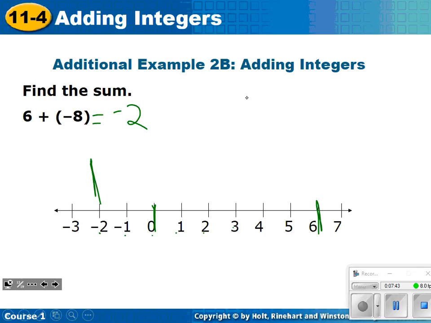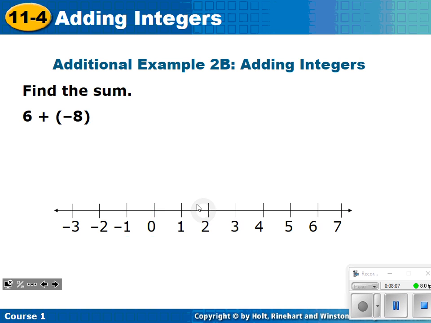That's how I started looking at it, because you're adding a negative. When you add a negative, it's the same as subtraction. Once you do it enough times, you can start to process it like that. So if this was 6 plus 8, you're adding a positive, you're going right. Okay? But it might take you guys a little while to get there.